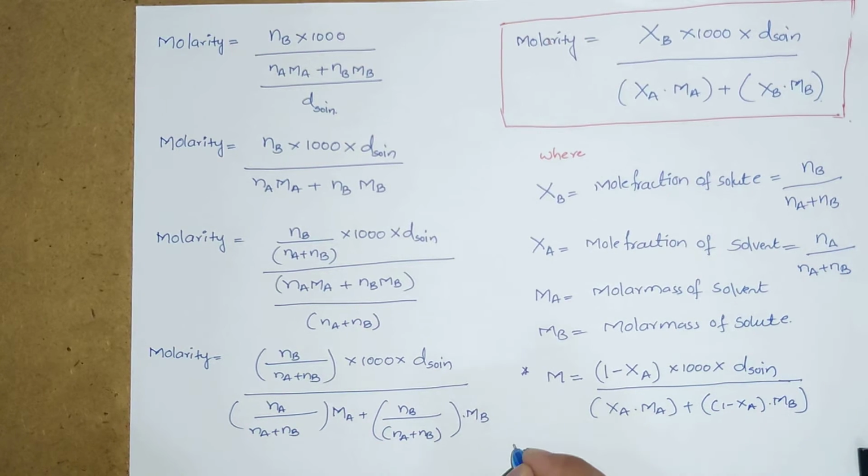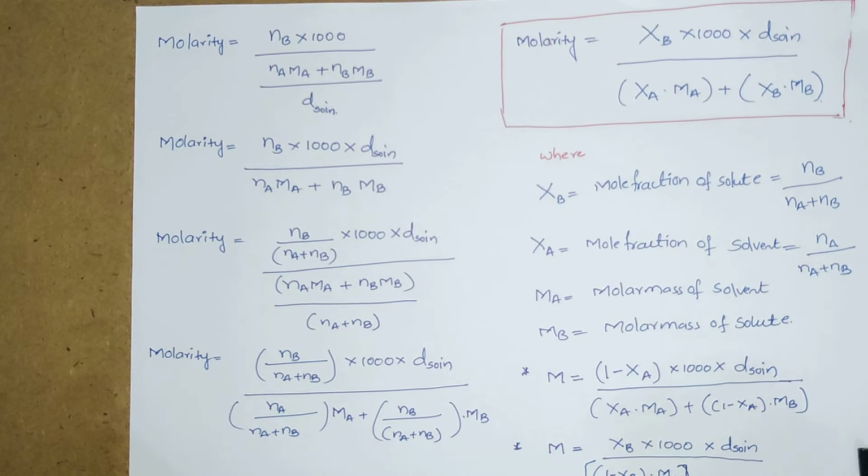We may also write in terms of only mole fraction of solute, that is molarity is equal to XB into 1000 into density of solution divided by XA, that is 1 minus XB, into MA plus XB into MB.